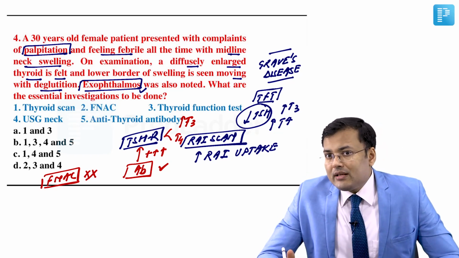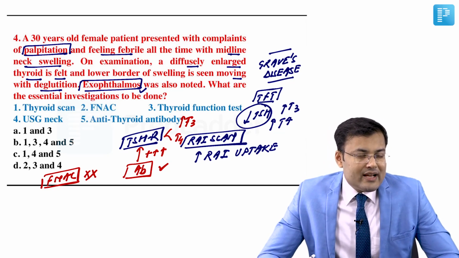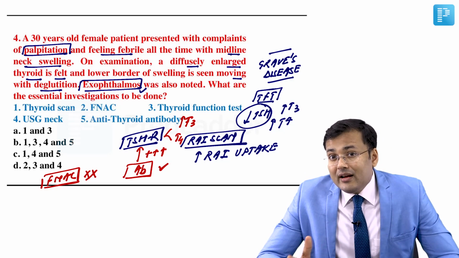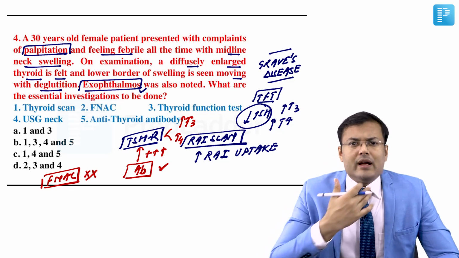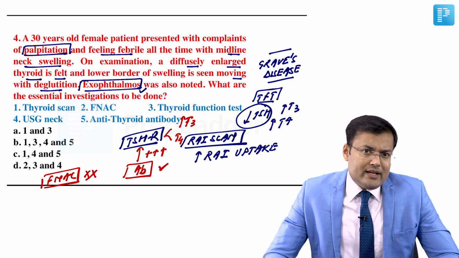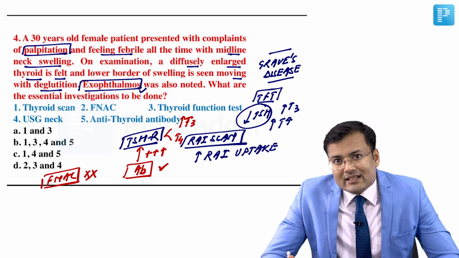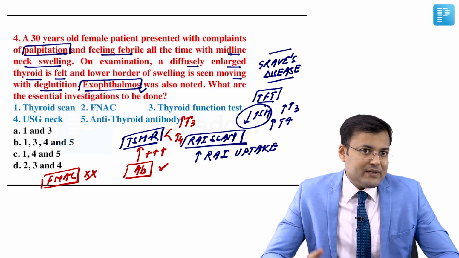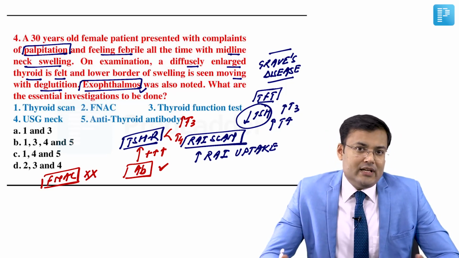Some students were asking this question in one of the discussion, that sir, FNAC is contraindicated in Graves disease? No, FNAC is not contraindicated. Let me tell you, in thyroid swelling, there are only two contraindications for FNAC. One, if the patient is having some kind of bleeding diathesis or bleeding disorder, because if patient is having bleeding disorder, you are going to perform FNAC, it will lead to what?